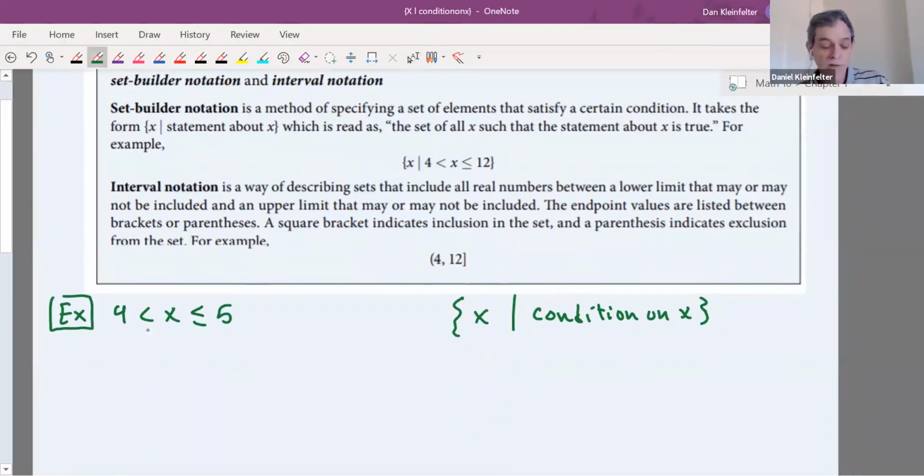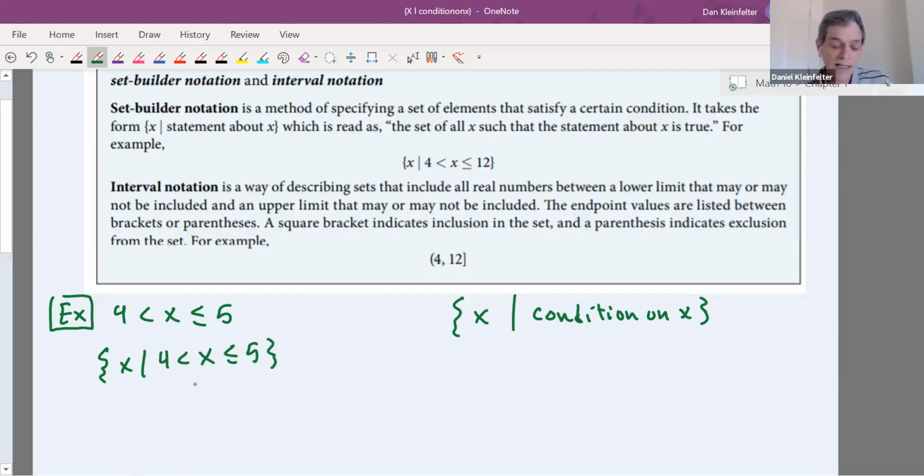So for example, if we wanted to describe the set of numbers that satisfy the inequality 4 is less than x, which is less than or equal to 5, we might write the set of all x such that 4 is less than x is less than or equal to 5. This can seem like a little extra, like clutter, like what does this give you that the first part doesn't?